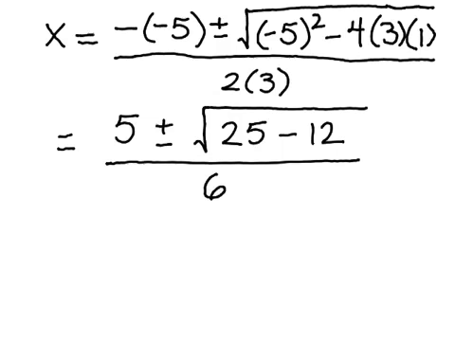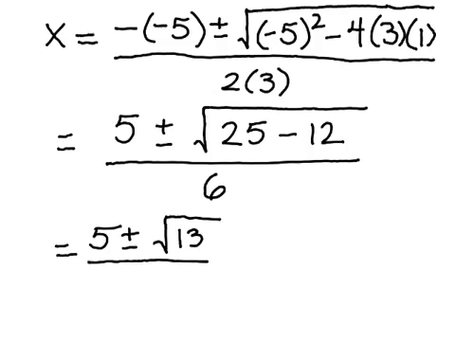Next up, let's simplify the stuff inside the radical so that we end up with 5 plus or minus the square root of, well, 25 minus 12 is 13. So we end up with 13 inside the radical. 5 plus or minus the square root of 13, that whole amount over 6.